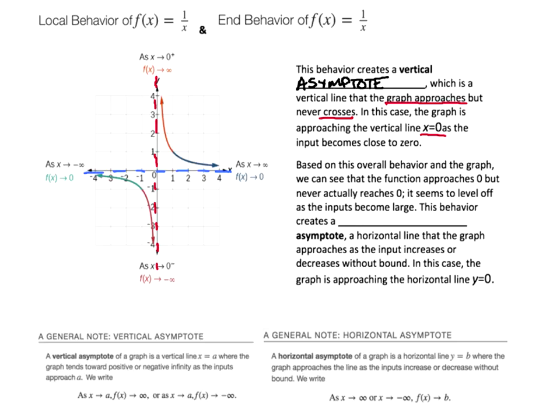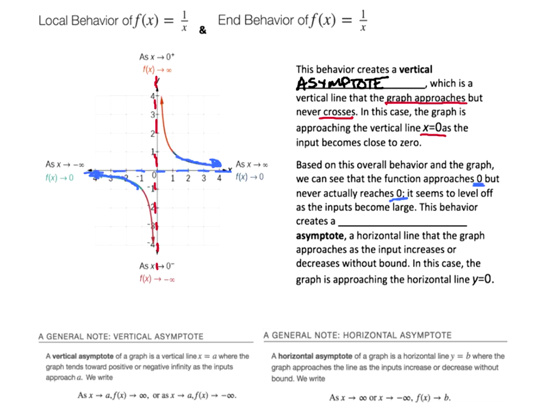And then we also have the horizontal asymptote, which not all rational functions have. All rational functions will have a vertical asymptote, but not necessarily a horizontal. Based on the overall behavior of this graph, we can see that the function approaches 0 but never actually reaches 0.